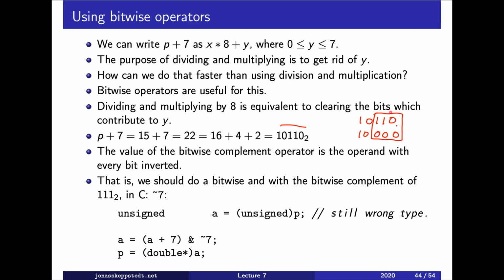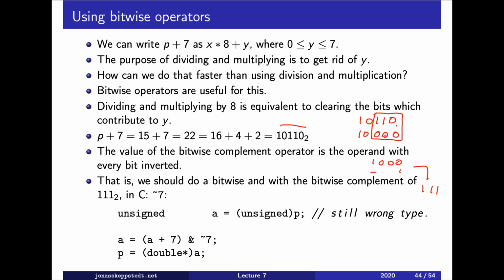Okay, how can we do that? We can do it as follows. If we have an alignment requirement of 8, so 8 is here, and then we subtract 1, we get 3 ones.